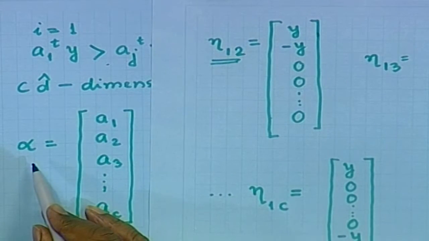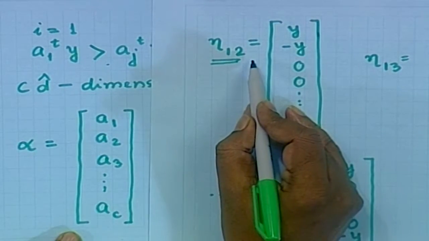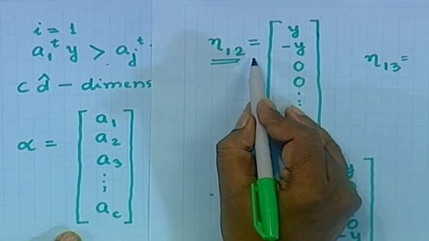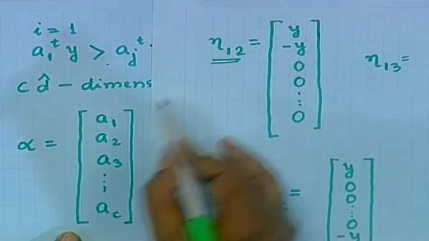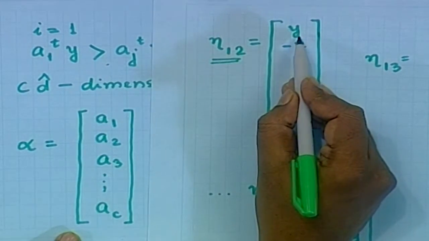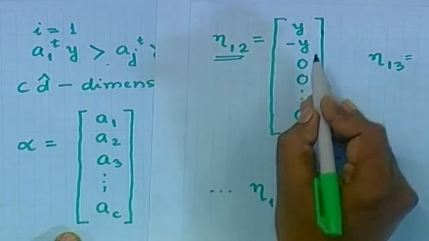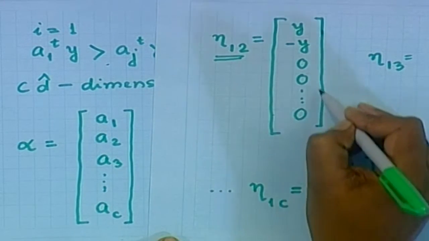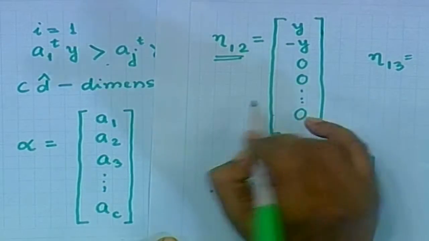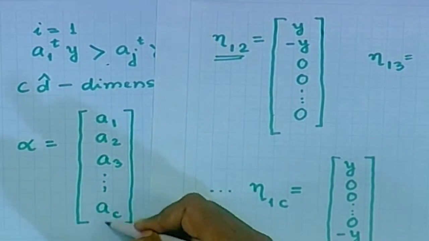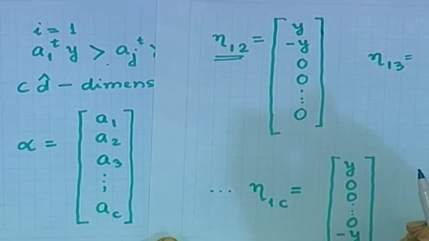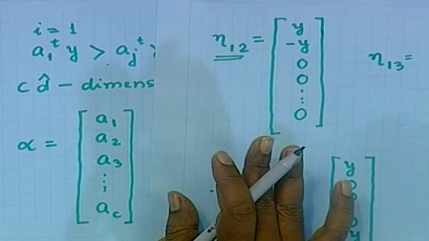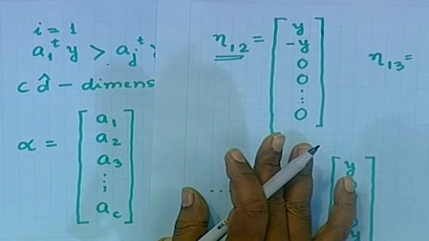So, if I take alpha transpose eta 1 2, that computation will be equivalent to a1 transpose y minus a2 transpose y. The rest of the components in eta 1 2 are 0, so that corresponding vector multiplication will not have any effect on the result. Is that okay?